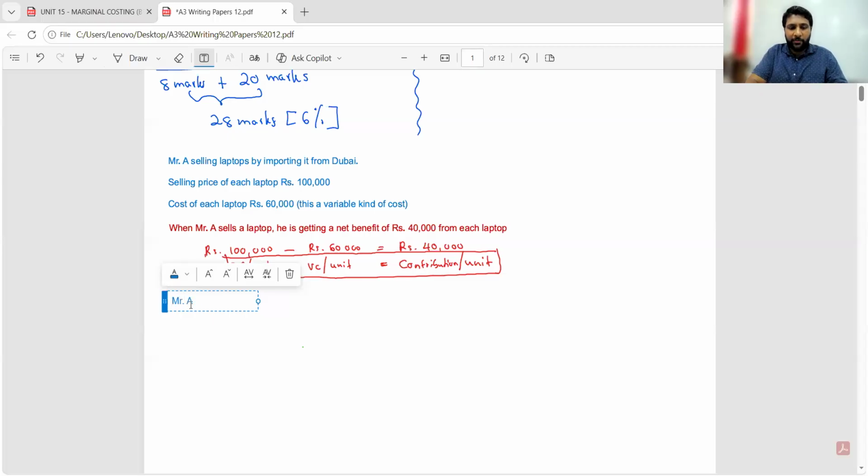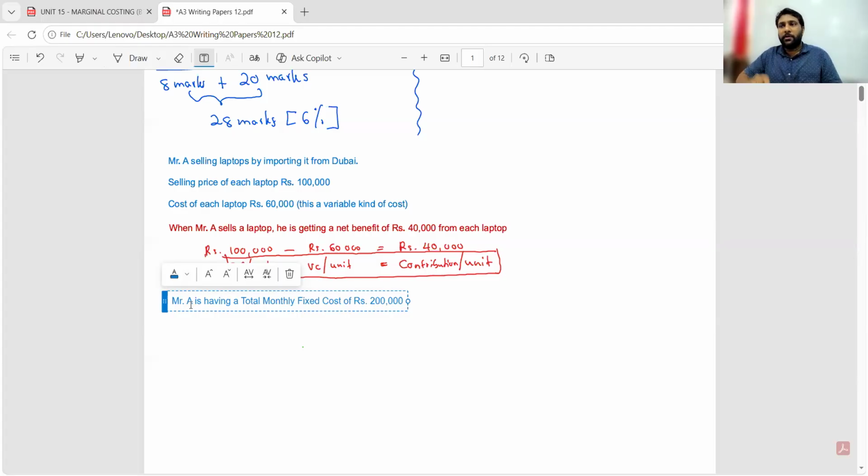Mr. A is having a total monthly fixed cost of rupees 200,000.